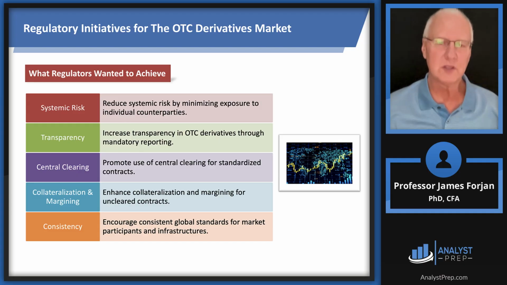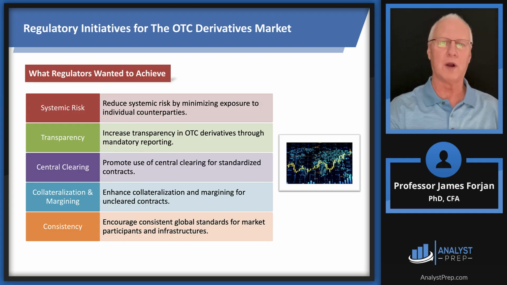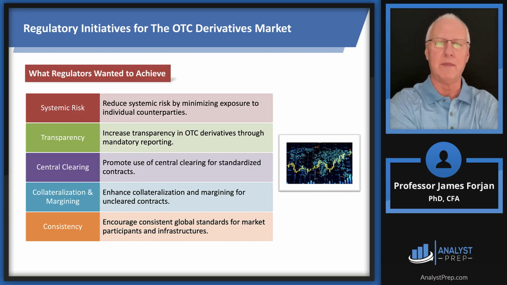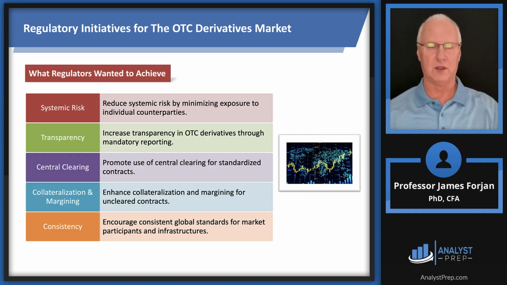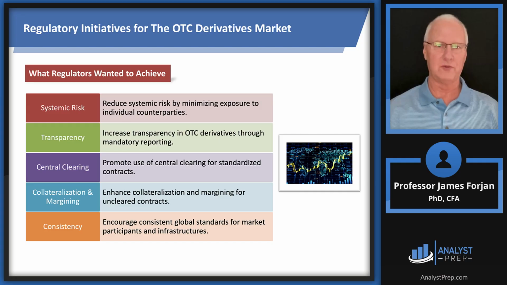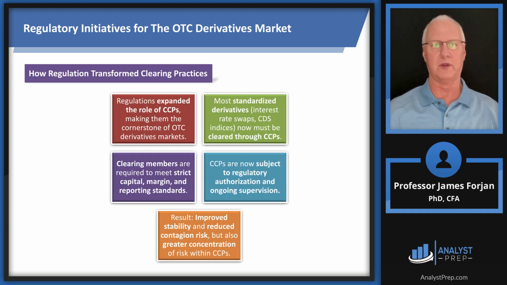And this is what you guys who are watching here in the United States and maybe especially throughout the world, one of the criticisms of Donald Trump as a president in both his first and second term was that we're not quite sure what he's going to do every day. And so we know that financial markets, including the derivative markets, pretty much like to know the rules of the game. And so consistency is another one of these regulatory goals.